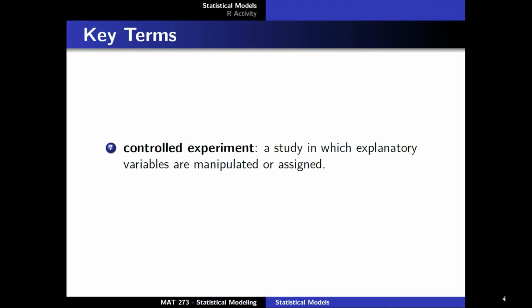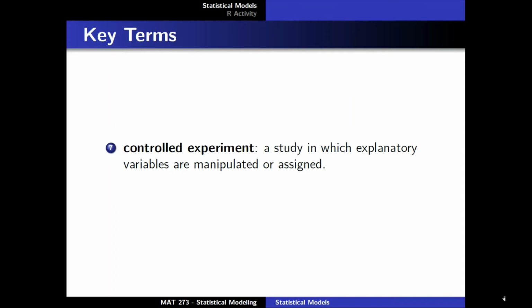This is where some participants are given drugs with an active ingredient, and some participants are given a placebo. And then we measure some outcome of interest at the end of the study, say life expectancy.